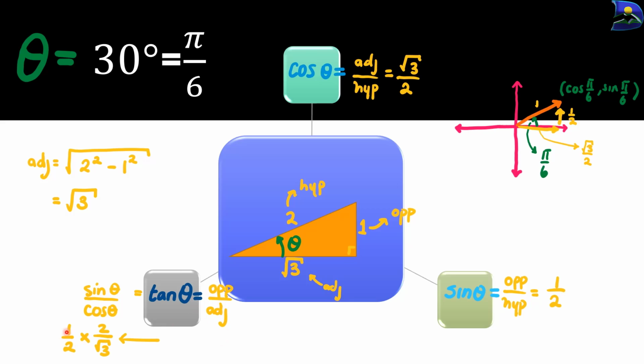So 1/2, which is for our sine of pi over 6, multiplied by 2 over root 3, which is what we have coming from our cos theta, is equal to 1 over root 3, or root 3 over 3.